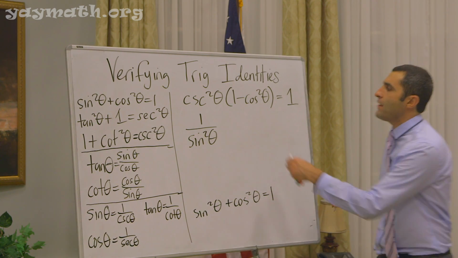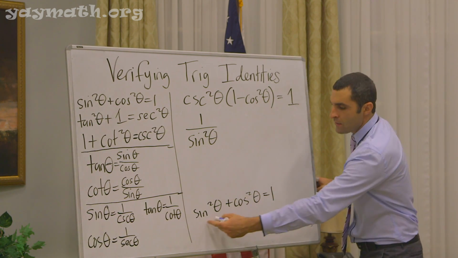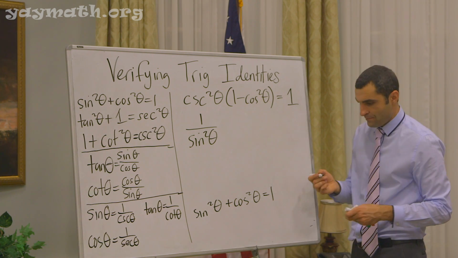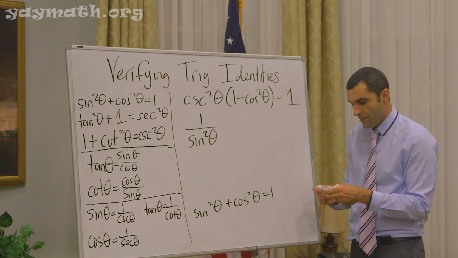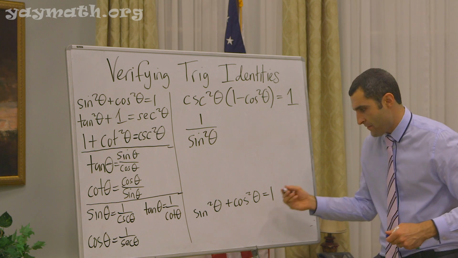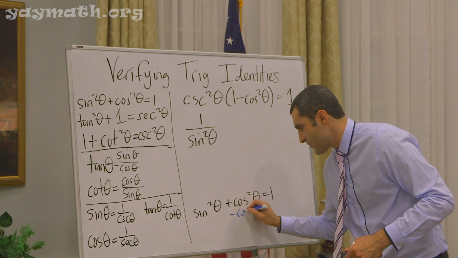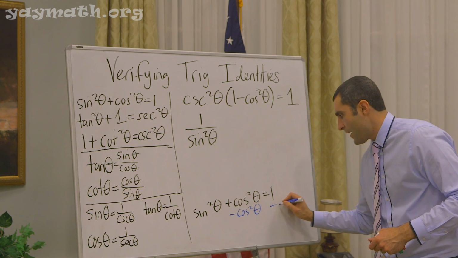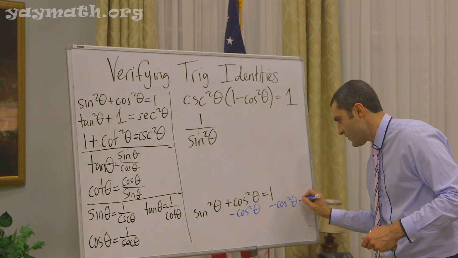I would love to get 1 minus cosine squared, by doing what to both sides? Subtracting cosine squared. Minus cosine squared on both sides.